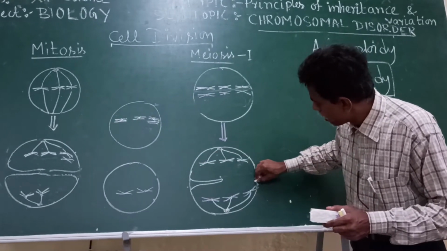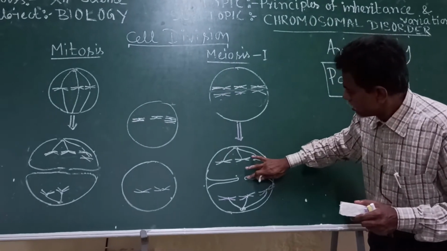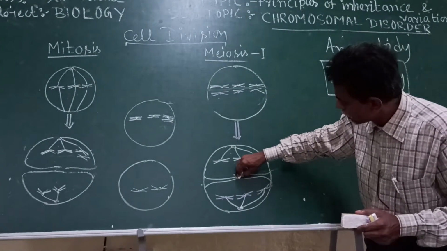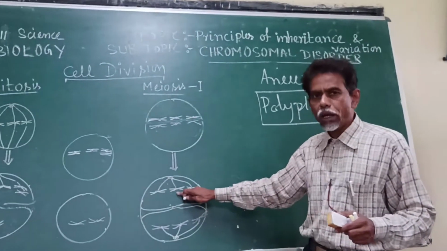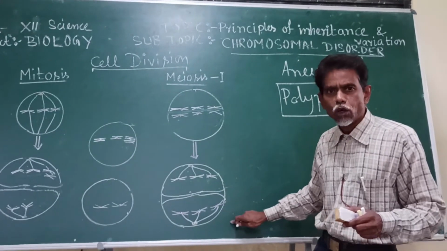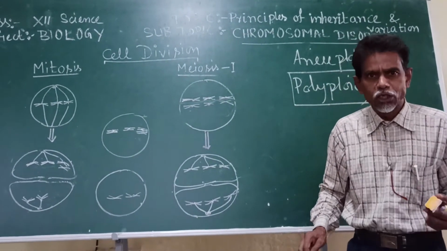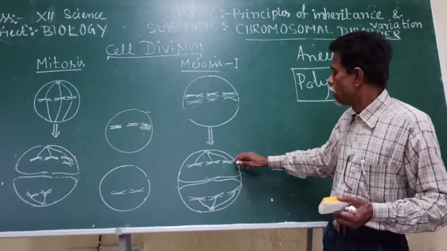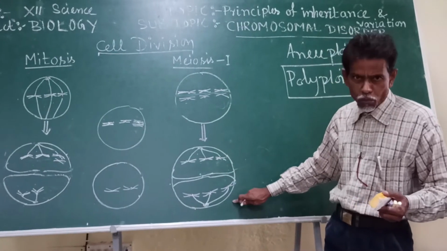That means after chromosomal division, the division of cell cytoplasm will take place. As a result, this cell will get 3 chromosomes, this cell will get 3 chromosomes. That is why we say it is a reductional division: number of chromosomes 6, and the 2 daughter cells got 3 chromosomes.